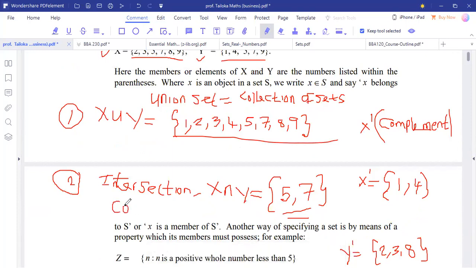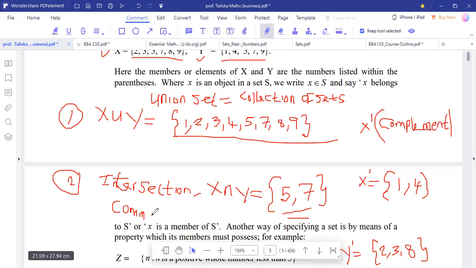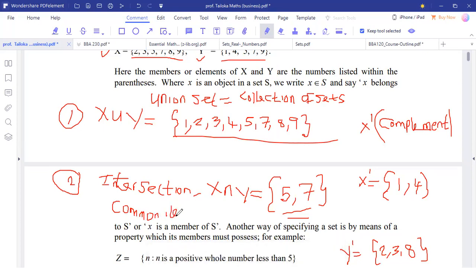What is common is the intersection set. Then the complement, where we are simply saying what is not found in a given set.